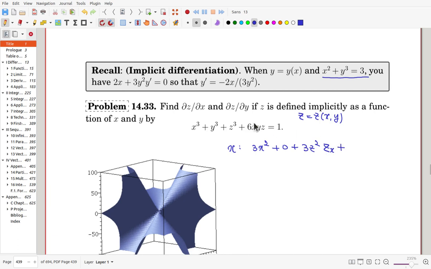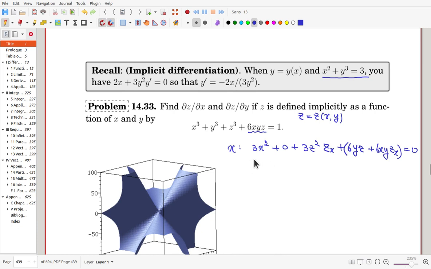Okay, now for that one, x is here and z involves x, so we have to use the product rule. For this one, we make the derivative, which is 6yz. And now for that one, plus 6xy, and that's z sub x. Okay, that is from the last term of the left-hand side, and the right side must be 0.